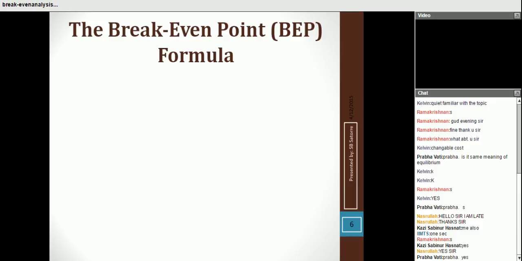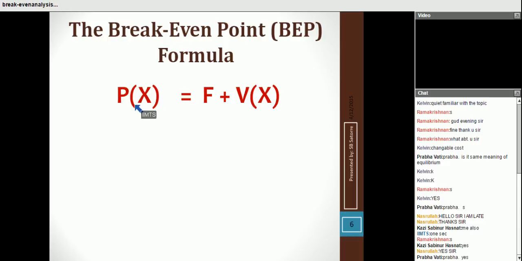Now let's see the break-even point formula. This is the formula. Px is equal to F plus Vx, right?